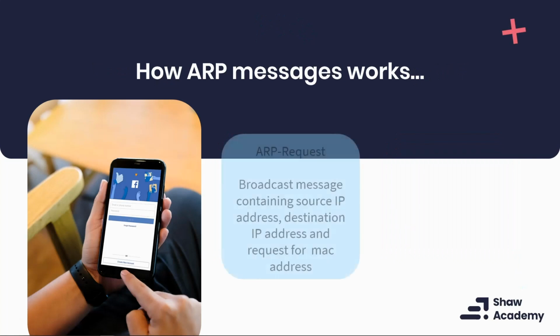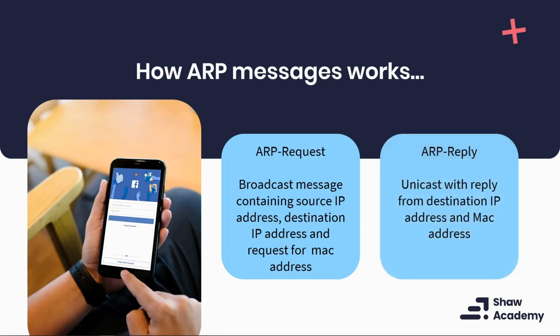There is an ARP request, which is a broadcast message containing the source IP address, destination IP address, and request for the MAC address of the destination, and an ARP reply. The unicast contains a reply from the destination IP address and MAC address that is sent to the initial sender.